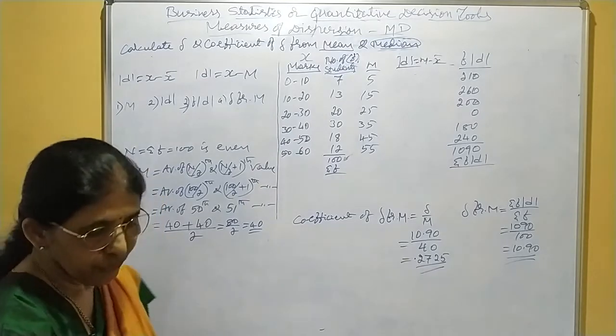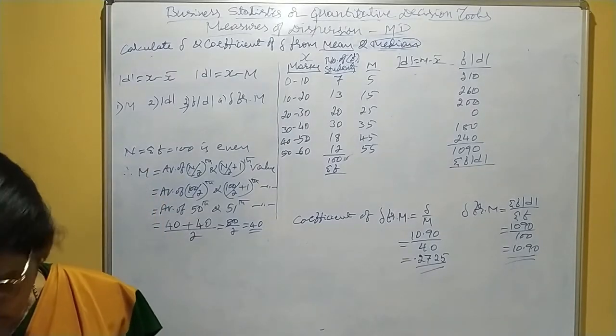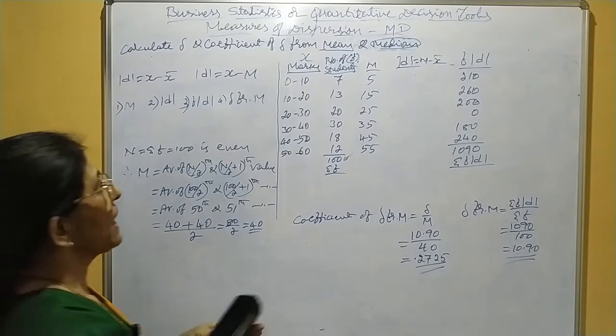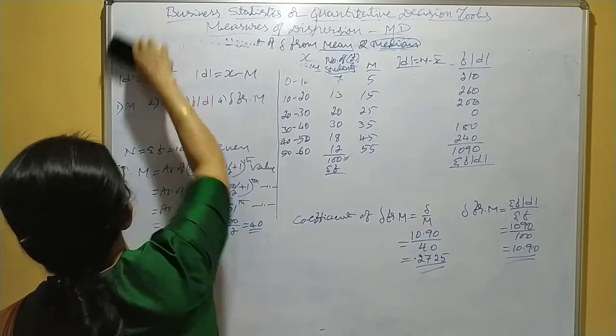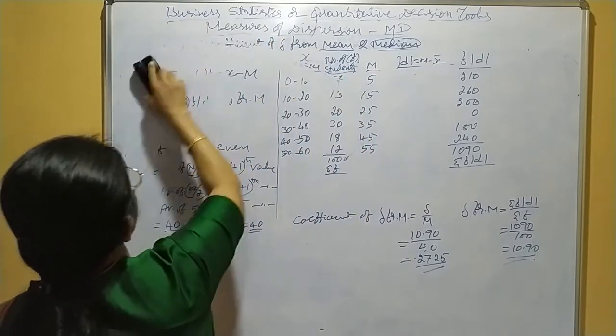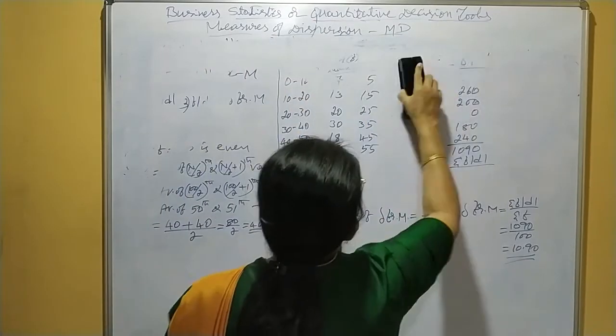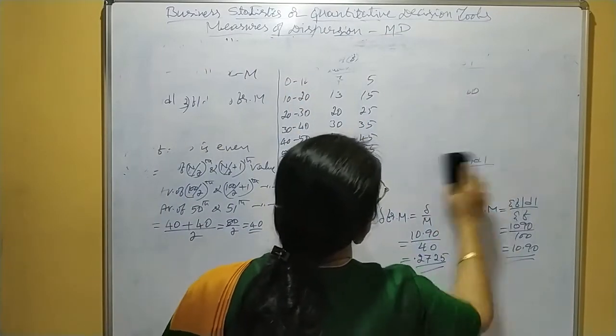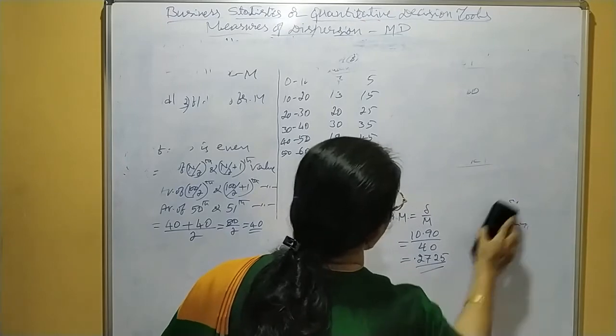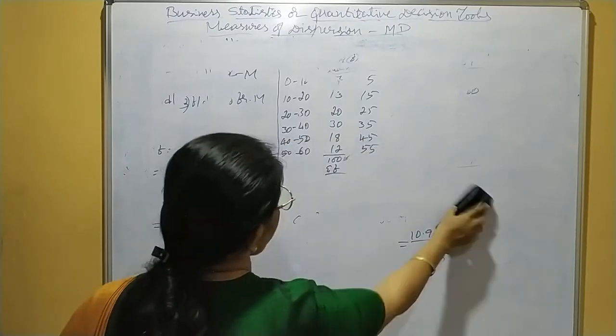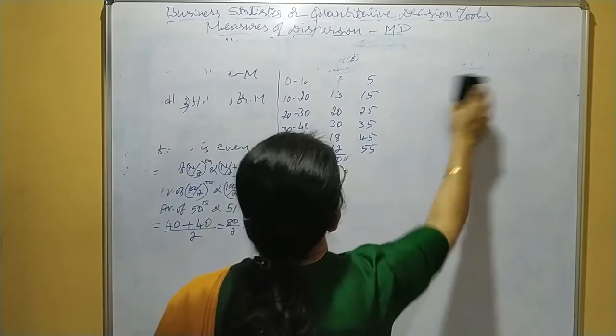Now, here one more important aspect is relation between standard deviation, mean deviation and quartile deviation. In case of measures of central tendency, there we came across the relation between mean, median and mode.